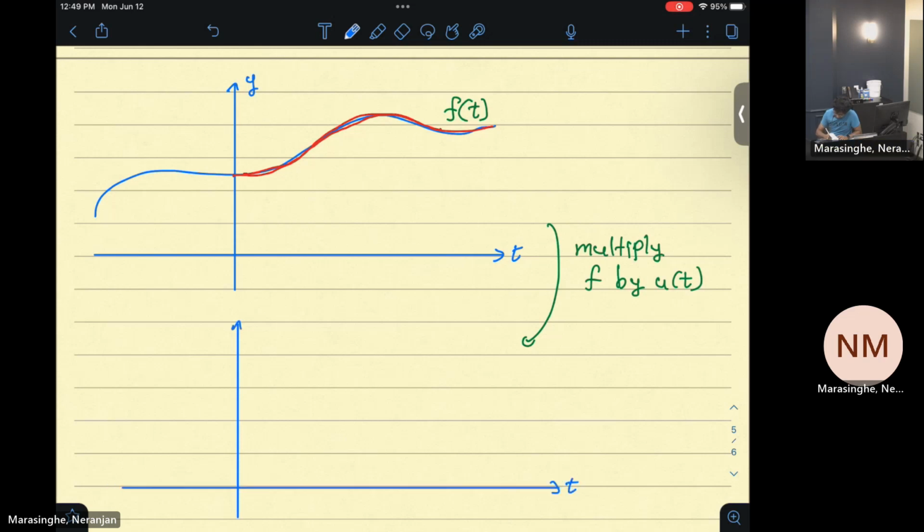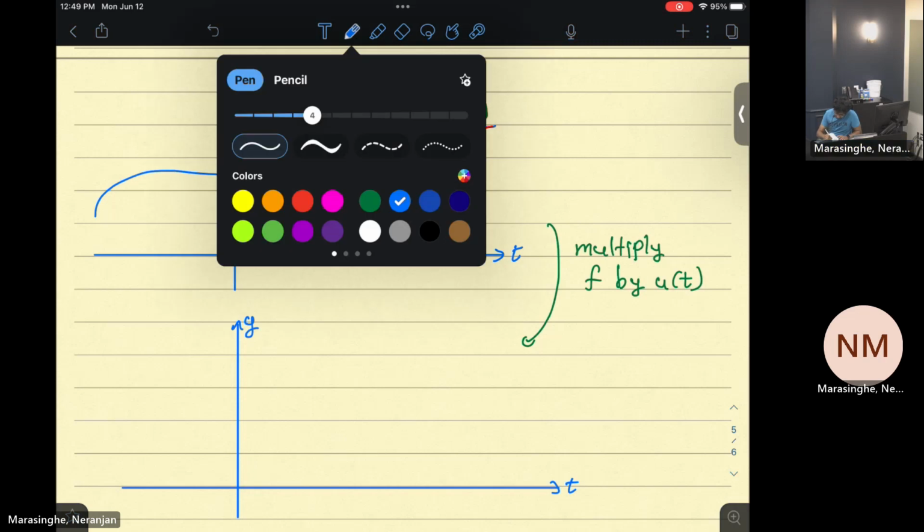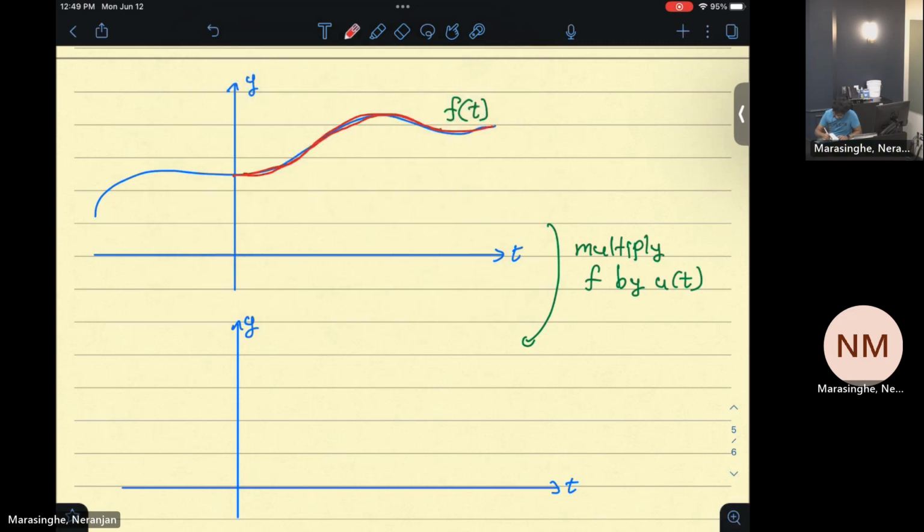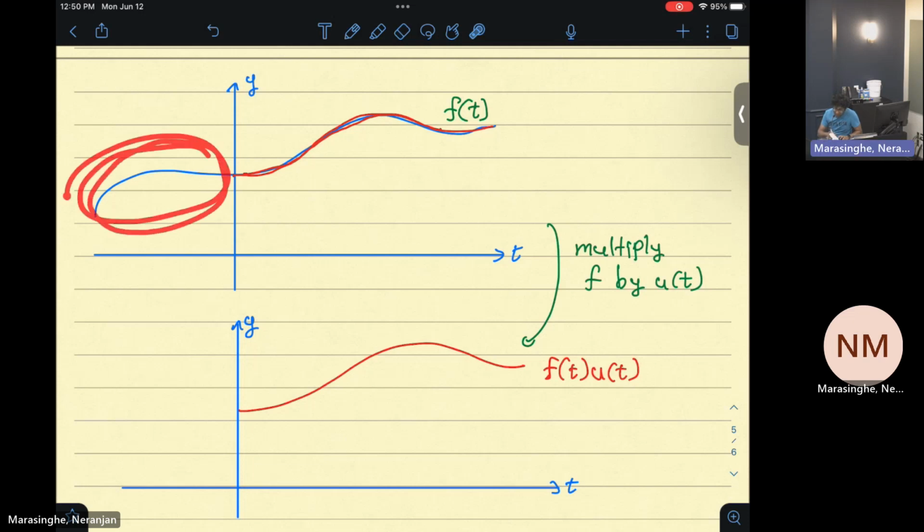So you would get this portion, right? This is f(t) times u(t). Okay. Is that clear? Because u(t) is 0 when t is negative, this portion would disappear because you are multiplying this portion by 0. Okay.